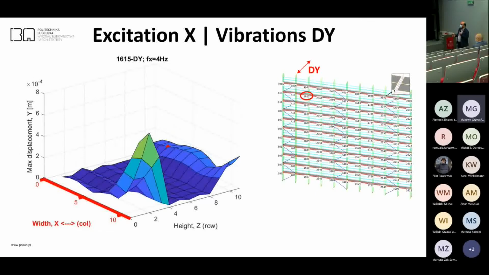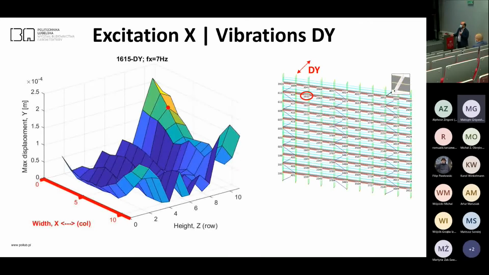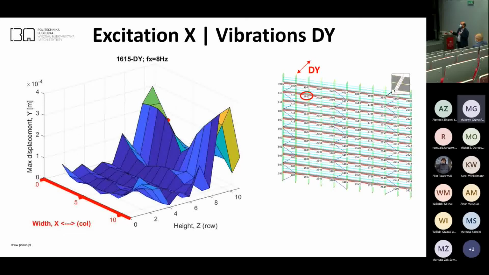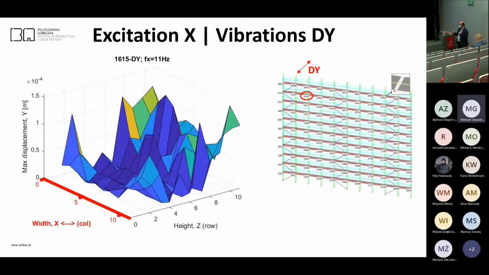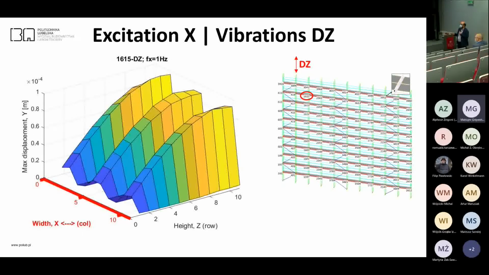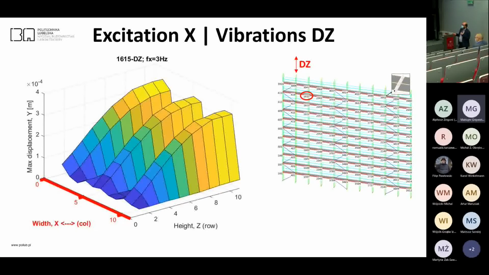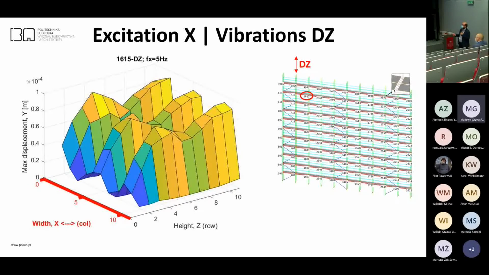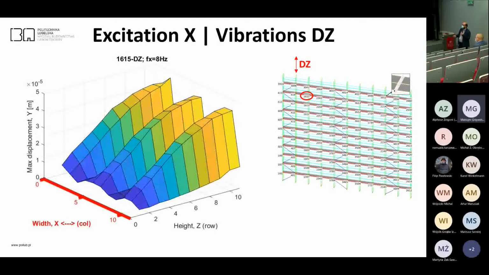So we have the excitations along the facade, horizontal excitation, but this time presented are vibrations perpendicular to the facade, and similar cases for vibrations observed in vertical direction, also with excitations along the facade.